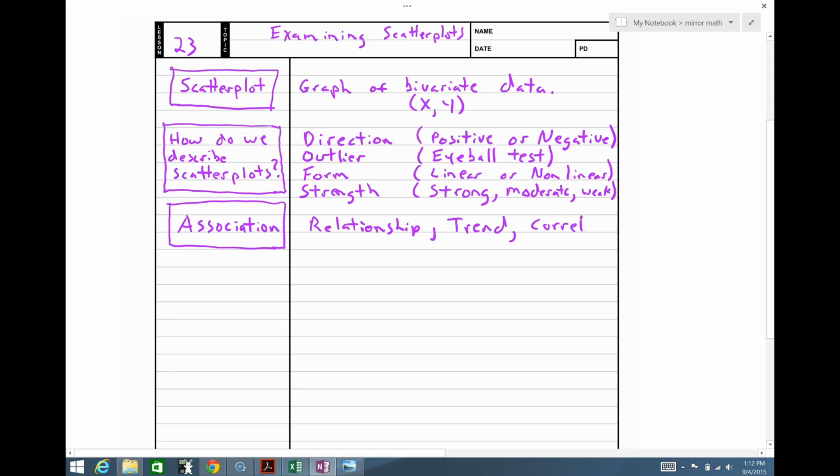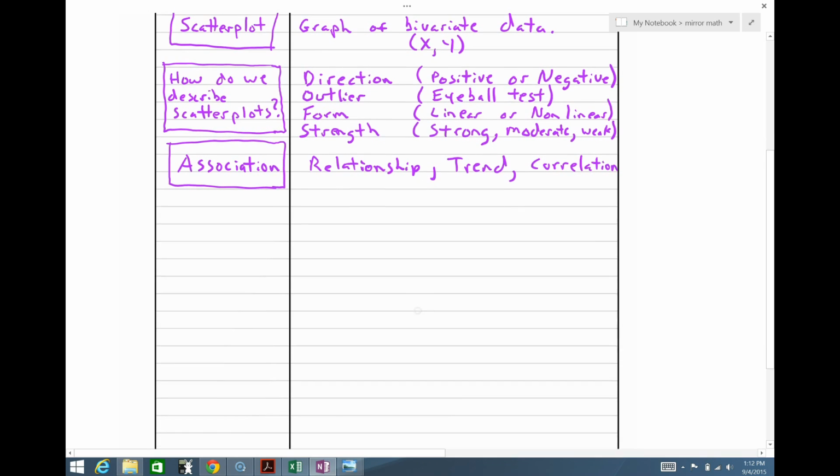We will discuss this in a later lesson. Correlation has to do with quantifying this particular relationship. Today we will stick mostly with these first three words: association, relationship, and trend. All right, let's look at some specific examples.